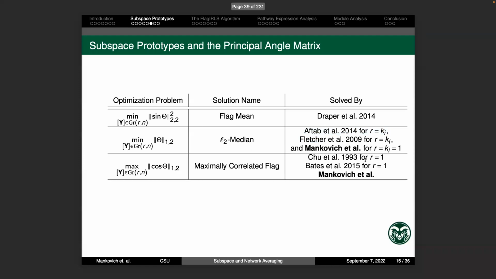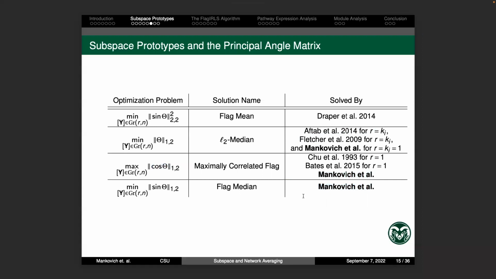Now I'm going to introduce this thing called the maximally correlated flag. It's been solved in specific cases by a number of different people, namely Moody Chu and Bates. And this is a maximization problem using cosines.